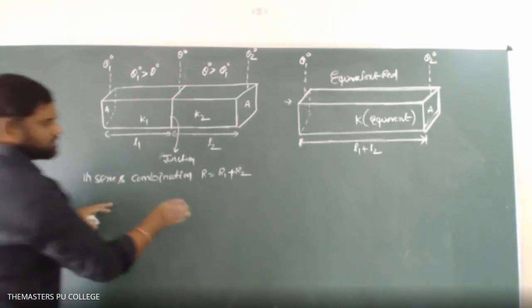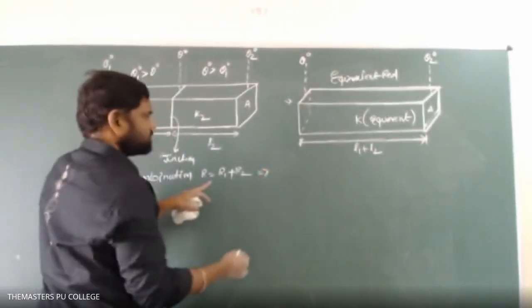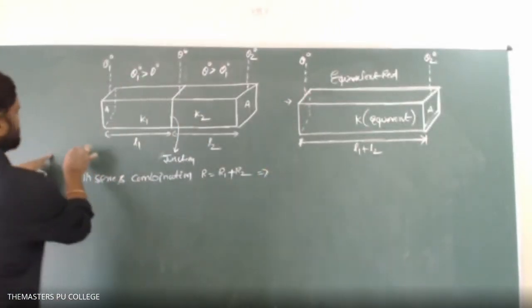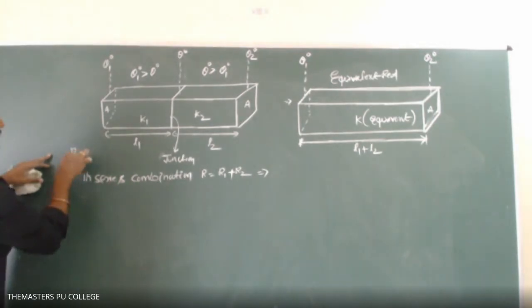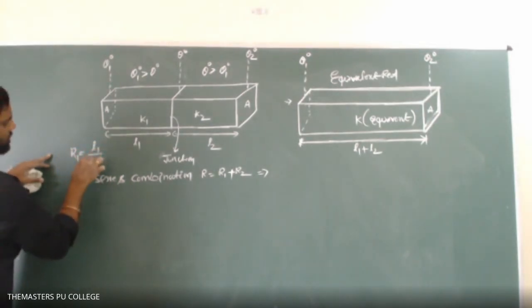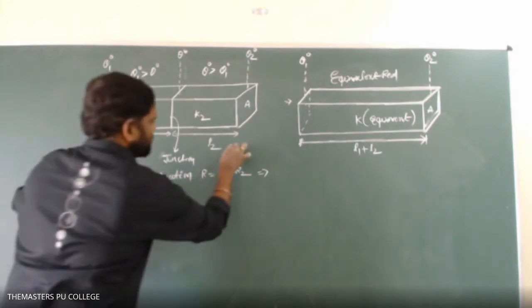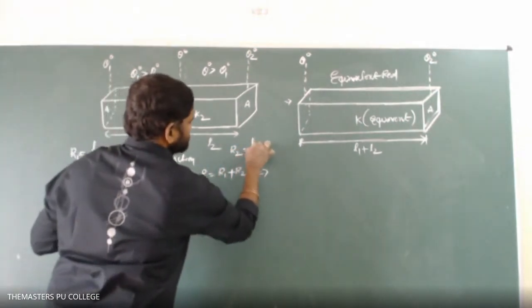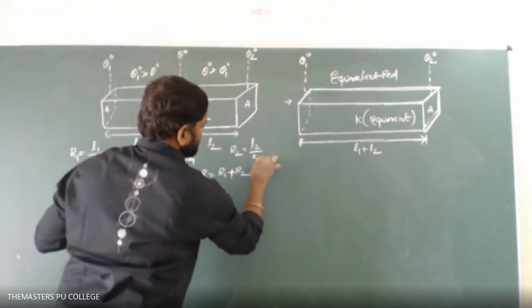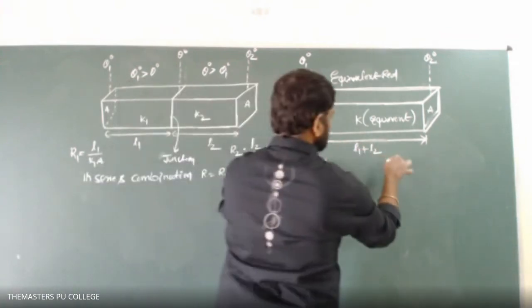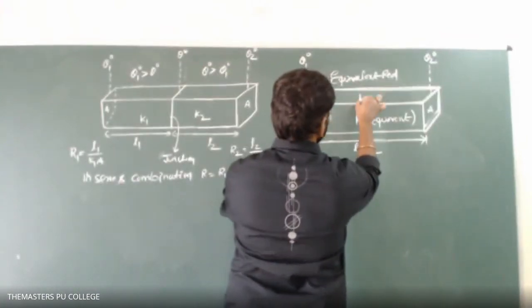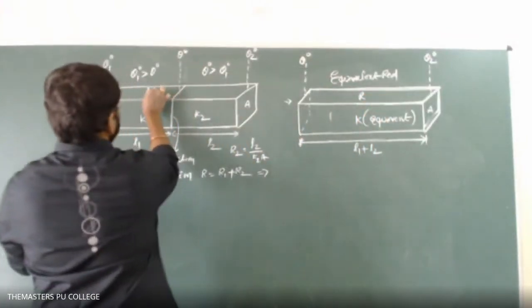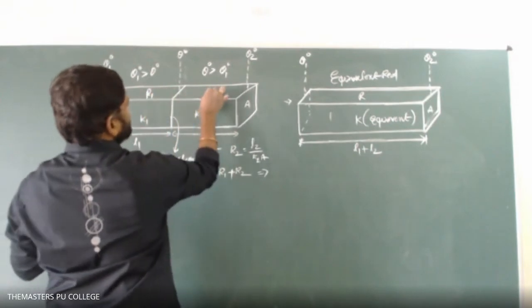Then the same thing we can write here. R1 equals L1 by K1A, R2 equals L2 by K2A. Here the equivalent thermal resistance is R, and this is R1 and this is R2.